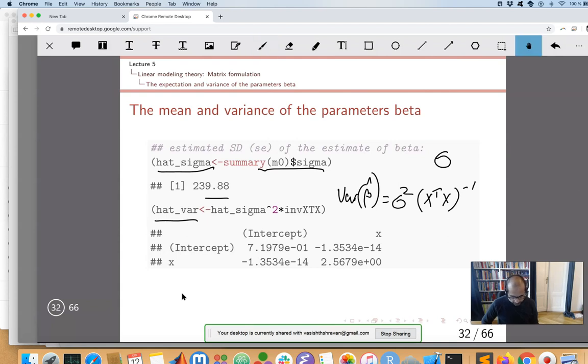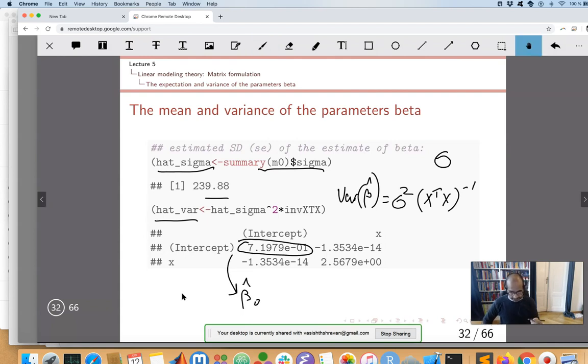So that's my hat var, as I'm calling it. I've just computed the variance of the estimators of the intercept and slope parameters, and what I get as a result is a matrix, right? So the variance is no longer a number, but actually a matrix, and what this matrix is showing me is the variance of the beta 0 hat estimator.